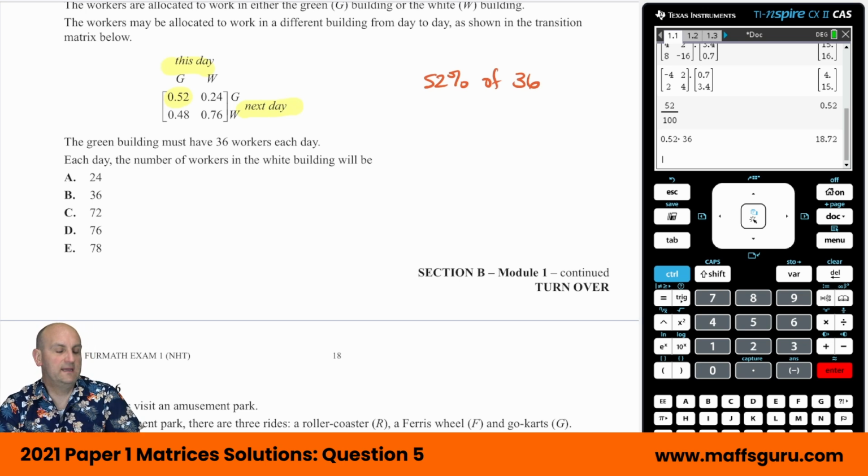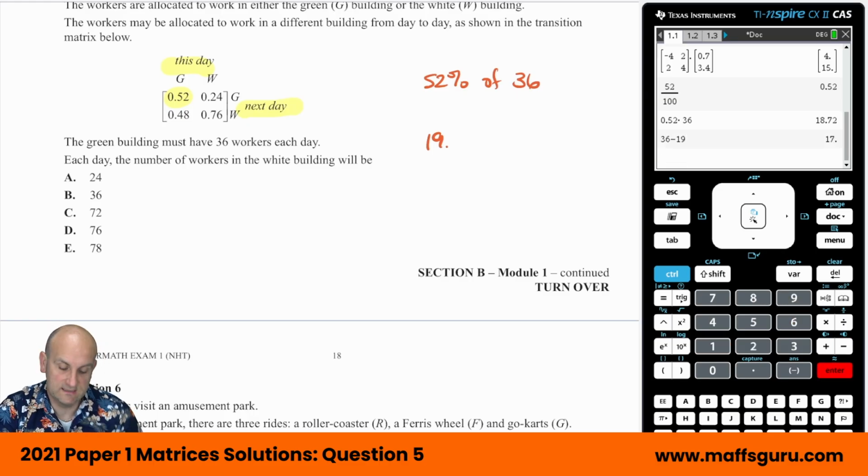So let's just say that is 19 people. So 19 people are going to stay there, which means that we must get 36 minus 19. 36 minus 19 gives me 17 people must change from W to G. All right, so 17 people must go from W to G.